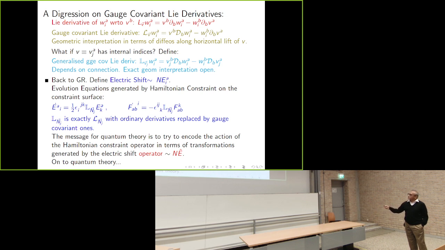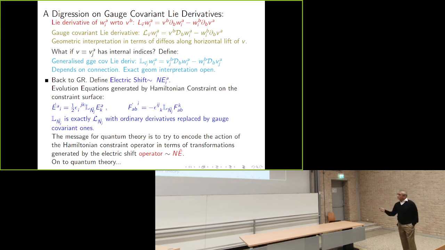So this also depends on the choice of a connection, and unlike the gauge covariant Lie derivative, the exact geometrical interpretation of this is still open. While one doesn't have an exact geometrical interpretation yet, there is probably some very rough, vague intuition that this object has something to do with some sort of transformations which are associated with this Lie algebra valued vector field. And that's all I'm going to use to motivate what I'm going to do in quantum theory.